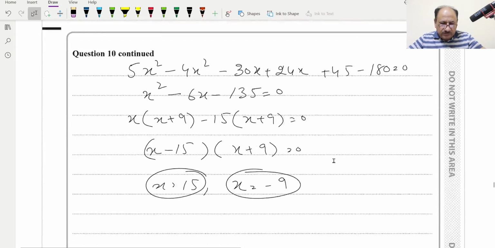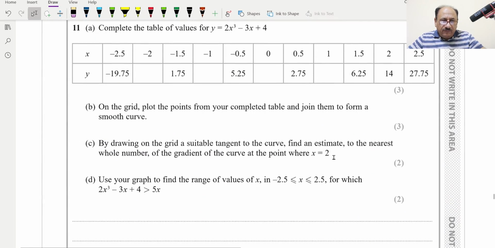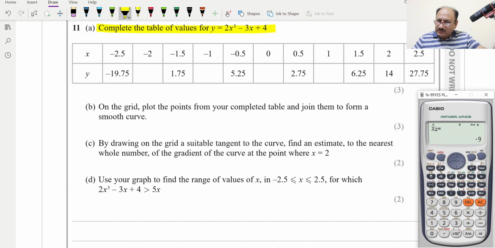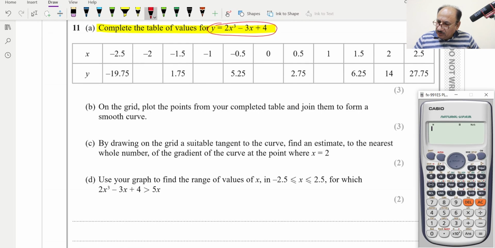Now the next question is question number 11, and question 11 says complete the table of values for this one. The easiest method to complete the table of values is to type this equation in your calculator, like 2x cubed, so alpha x, and cubed, and minus 3x, so alpha x, and plus 4.